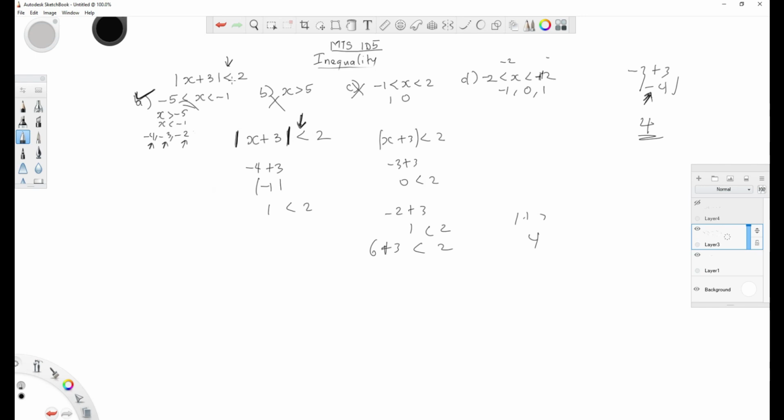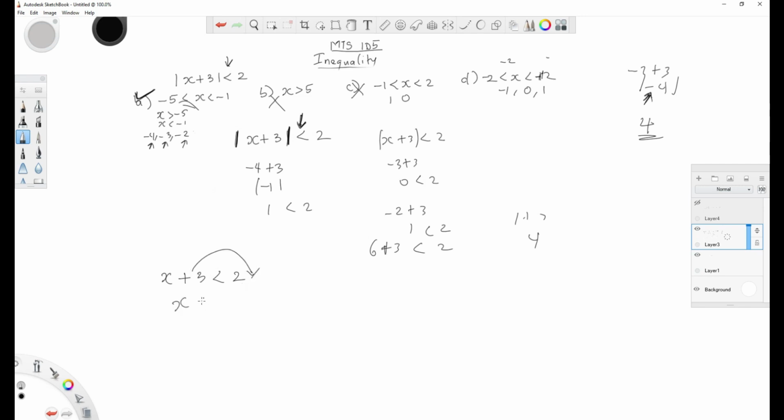Now sometimes you might get some confusing questions. I'm going to pick a very simple question. Now this time I'm removing the inequality. If you are solving this, normally it should come here, right?